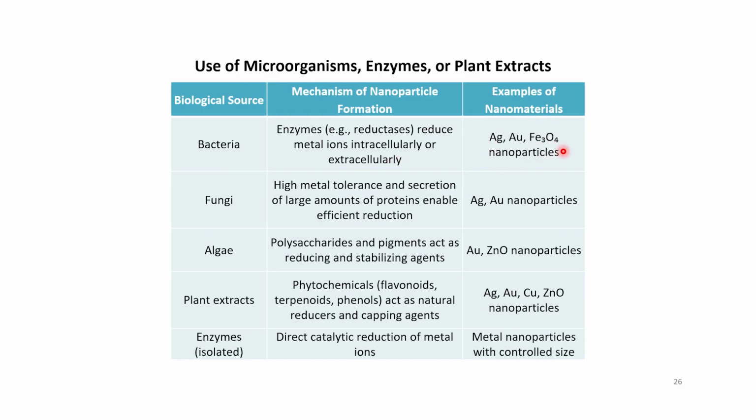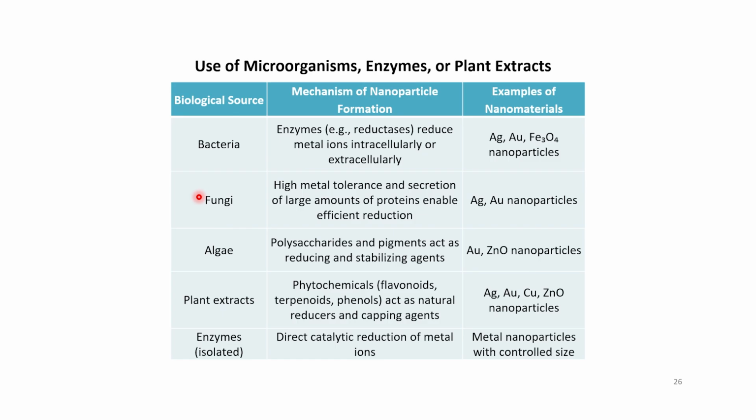Examples are silver, gold or iron oxide nanoparticles. So you start with the precursor metal salt solution, you reduce that with bacterial enzyme and you put a capping reagent and you form your desired nanoparticle.